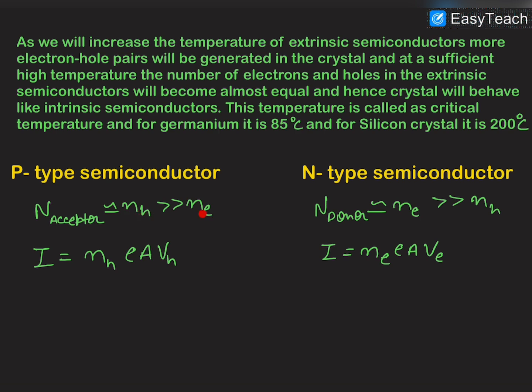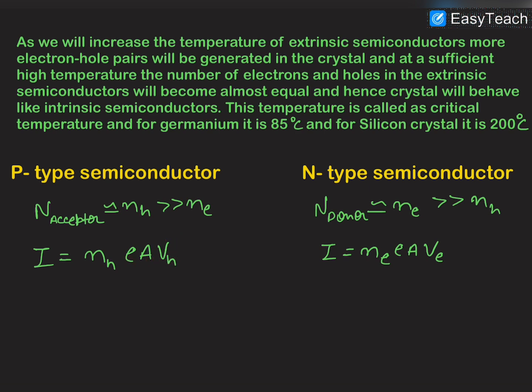So it is very much greater than the number of electrons, because electrons are minority charge carriers in p type, and it is almost equal to the acceptor ion concentration, which means that the number of acceptor ions per unit volume is almost equal to the number of holes per unit volume in p type of semiconductor, and therefore the current flowing in p type of semiconductor will be mainly due to the holes. So we can say that it would be I = N_h e A v_h, where N_h is the number of holes per unit volume and v_h is the drift velocity of holes.